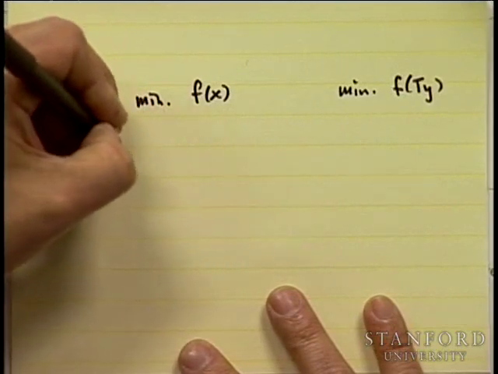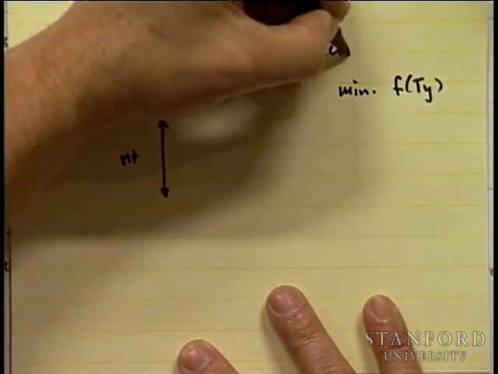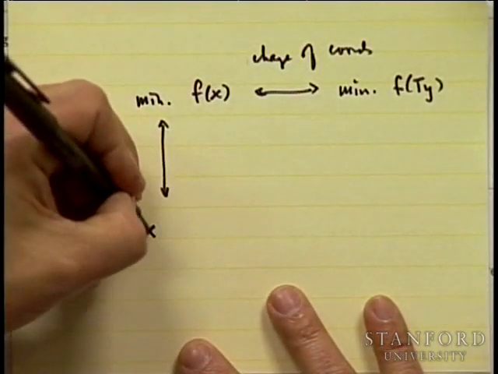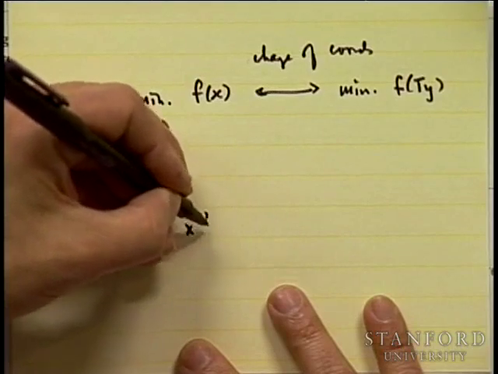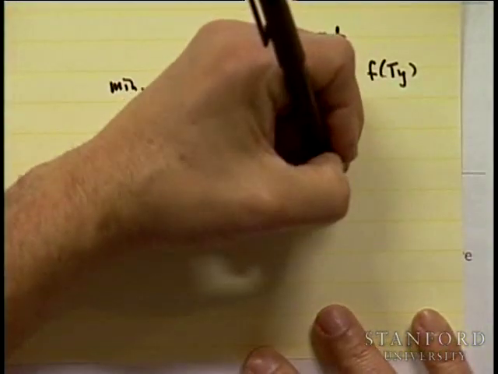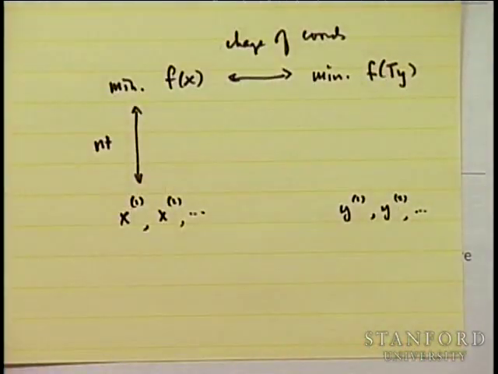So this is Newton. This is change of coordinates, right? I'll apply Newton, and I'll get x1, x2, and it's going to converge. And here, I'll get y1, y2, and so on, like that.